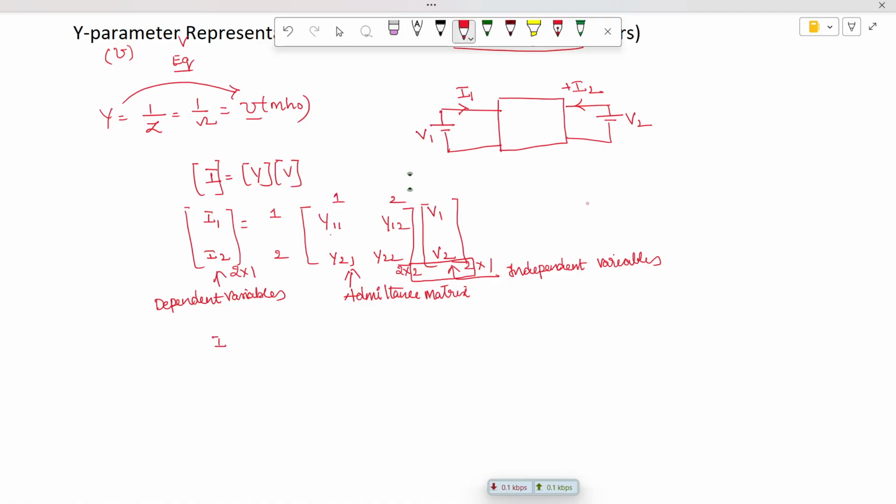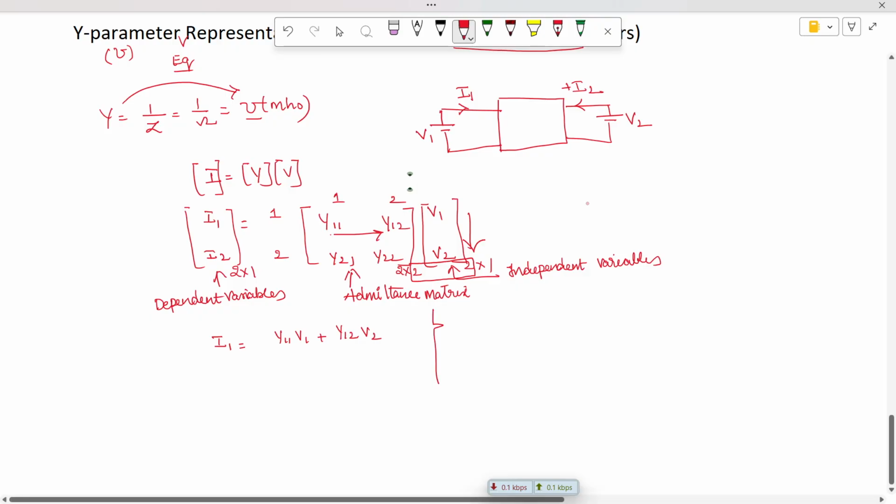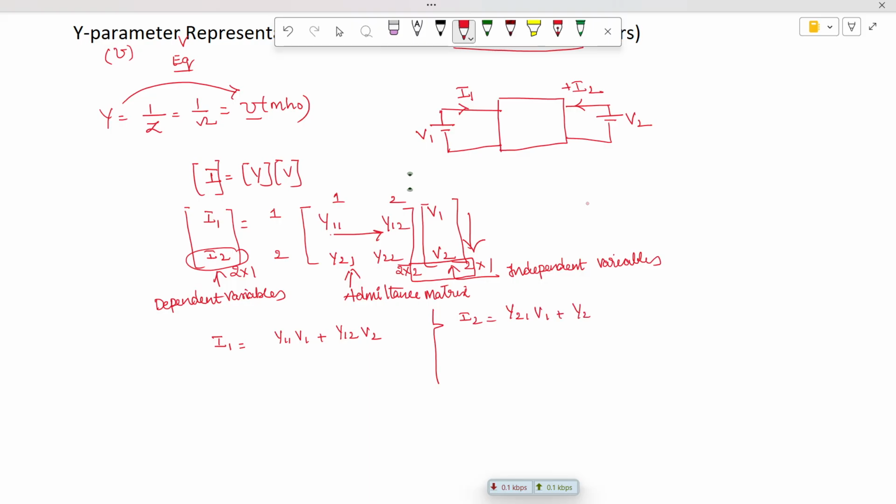Therefore I write I1 as row elements multiplied with the column elements. I1 is equal to Y11 V1 plus Y12 V2, which is one equation. The second equation: I2 is equal to Y21 V1 plus Y22 V2.